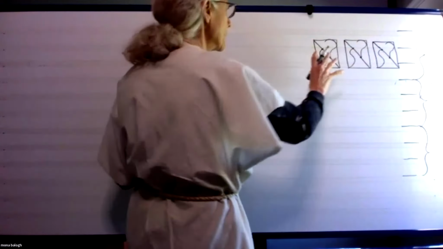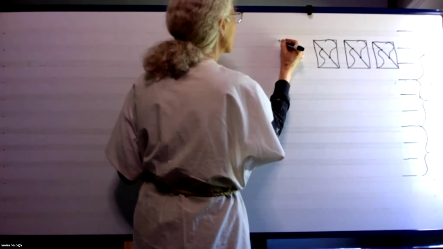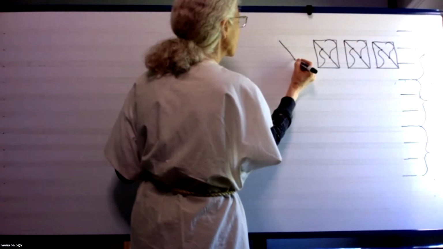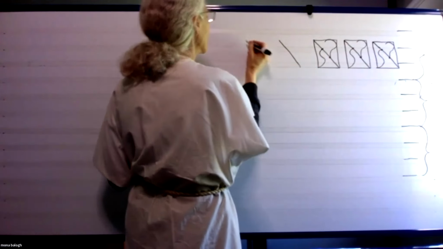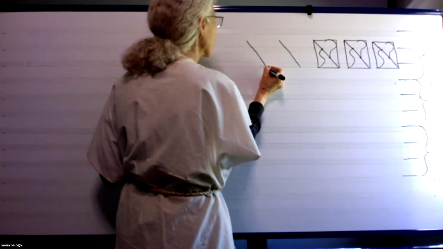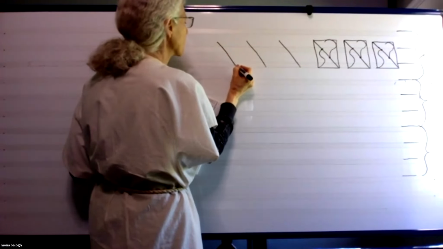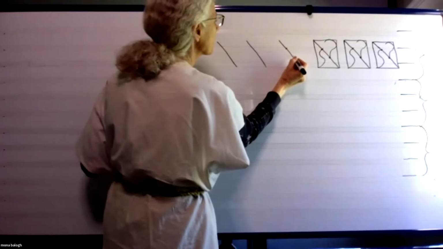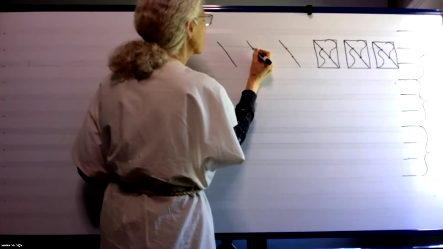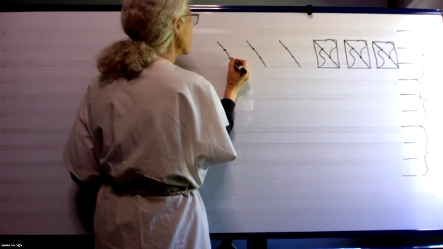Okay, now we're going to do it without the boxes. Make a diagonal, upper left to the lower right, upper left, lower right, and divide each one of these up into 3 equal segments using 2 dots.